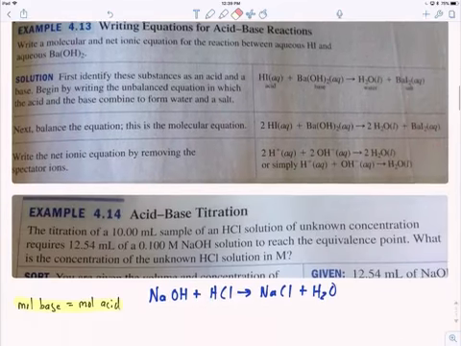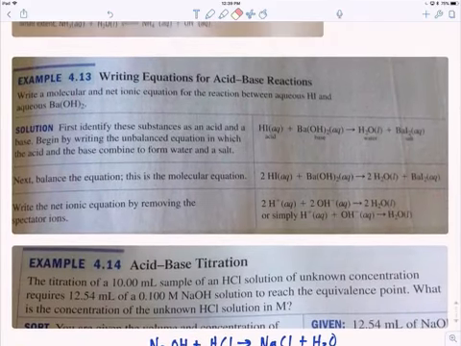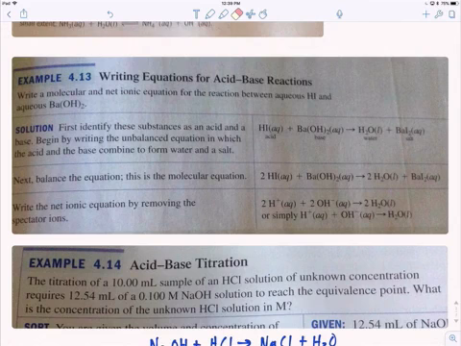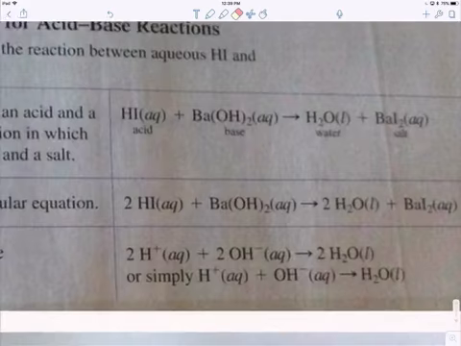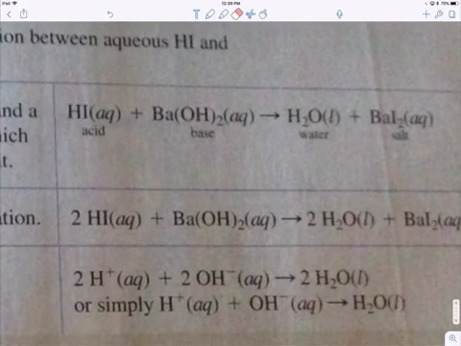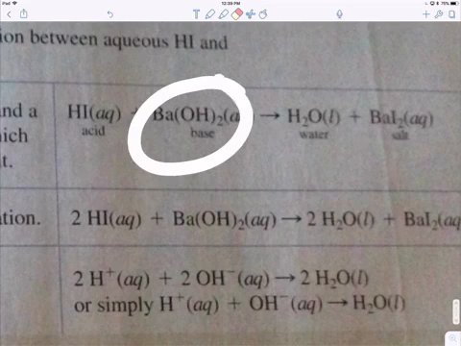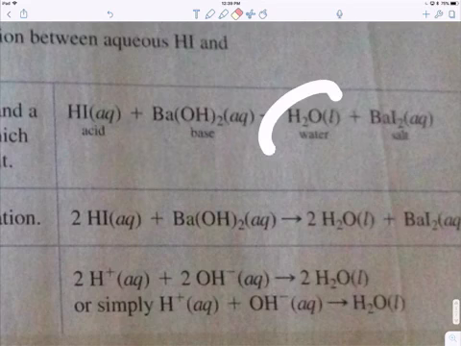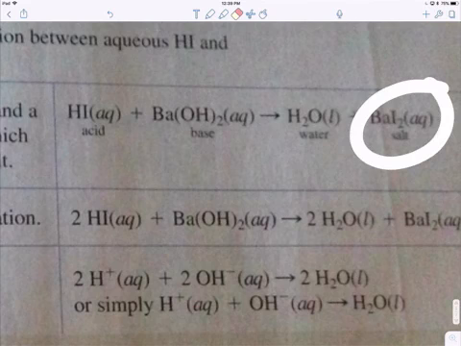But what you do have to care about is how to write the equations. So the molecular and net ionic equations, for instance here, hydroiodic acid and barium hydroxide. So if you look here, we have an acid, HI, with barium hydroxide base forms water and a salt.